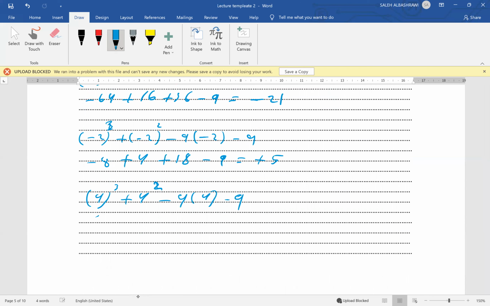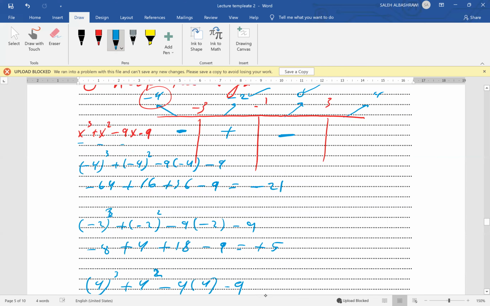That will be 64 plus 16 minus 36 minus 9. This is 80 minus 45, equal to 35. This is positive. So if I choose 4, I would have positive.